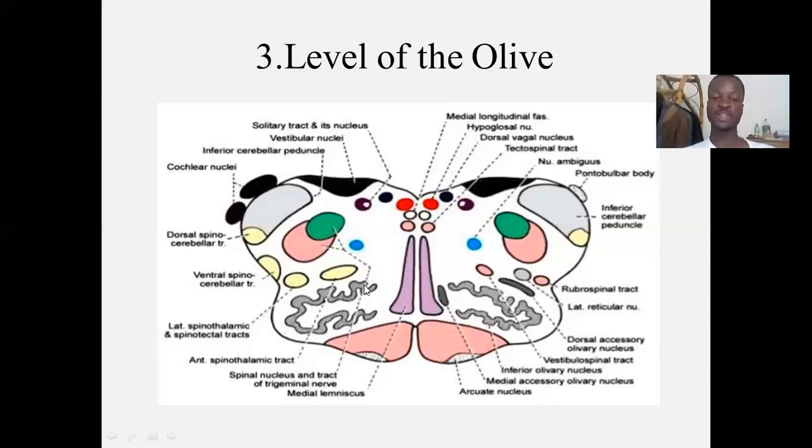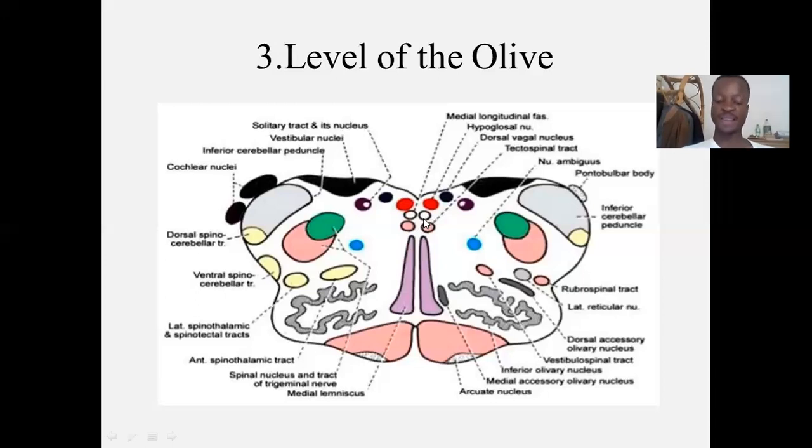Then maybe to describe the nuclei that we find at this region, the more medially placed hypoglossal nucleus. This hypoglossal nucleus is actually going to innervate the muscles of the tongue, both the intrinsic and the extrinsic, except of course your palatoglossus.